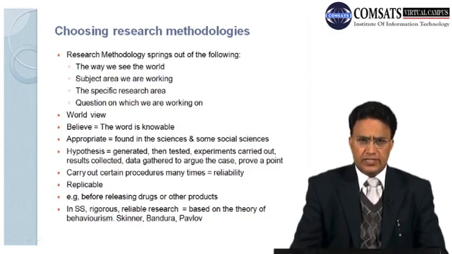So in social sciences, this method is rigorously followed and it is considered to be reliable research. And especially this type of research is based on the theories of, especially one theory of behaviorism.